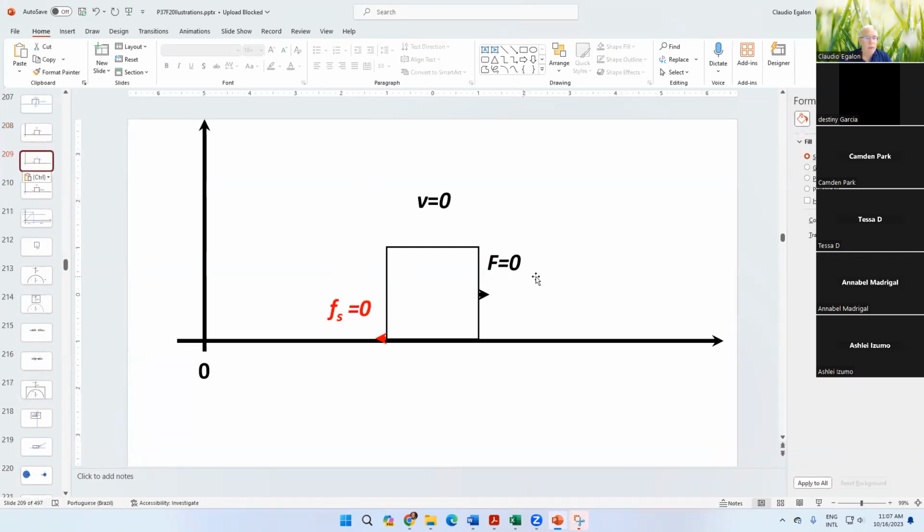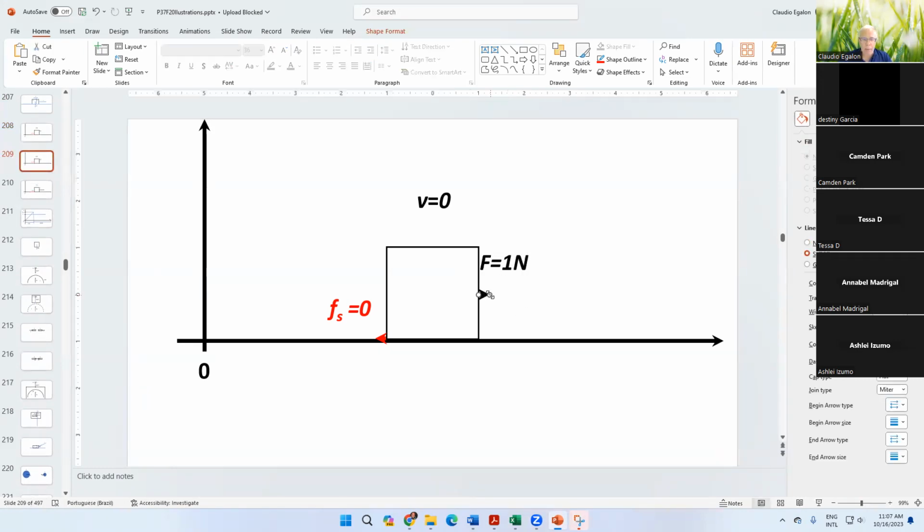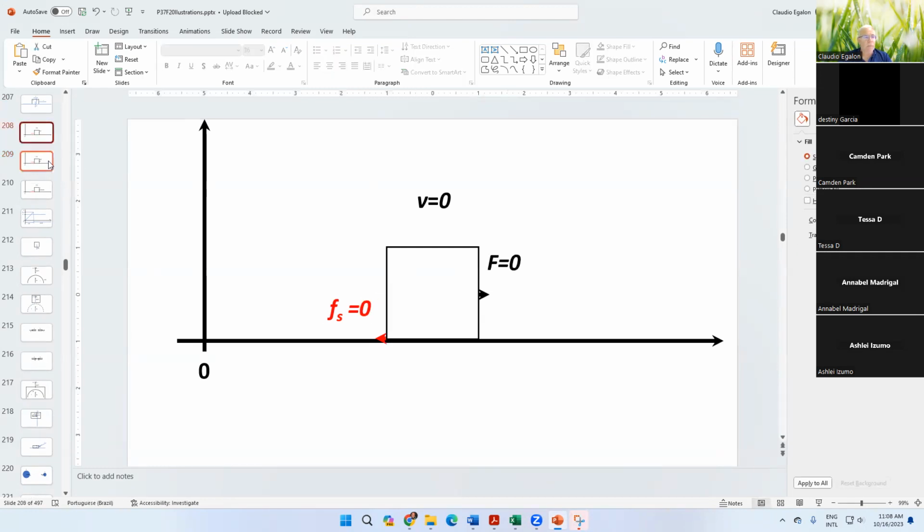Now, if I increase my applied force to 1 Newton, right? I'm going to denote that by increasing the arrow. And the object is still at rest. The force of static friction is also 1 Newton.